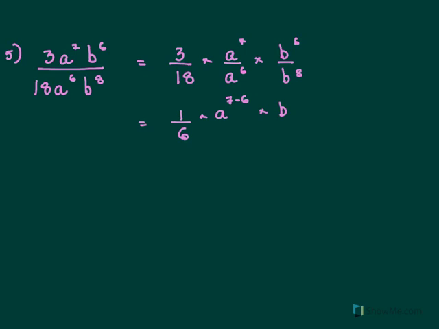B raised to 6, b raised to 8, 6 minus 8. The powers have to be subtracted because there is division. This is 7 minus 6 is 1, and 6 minus 8 is minus 2. So the answer is a, b raised to minus 2 over 6.